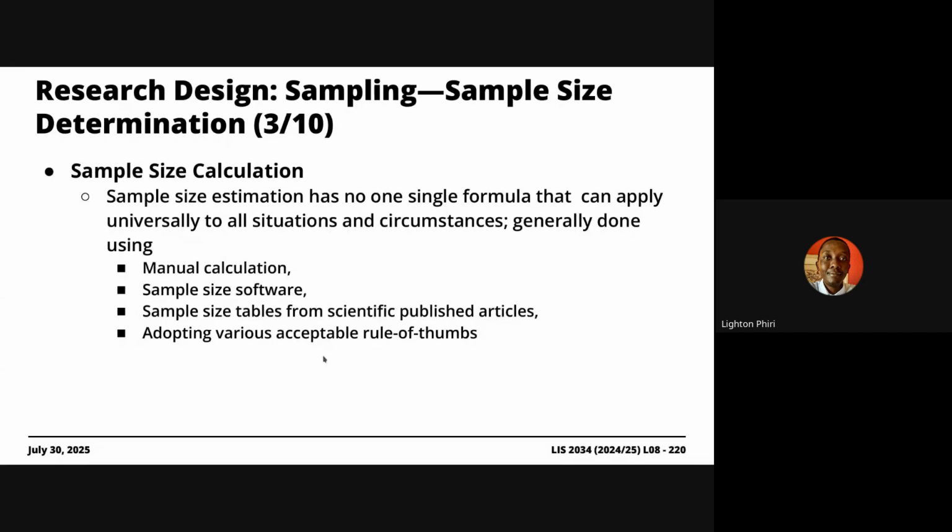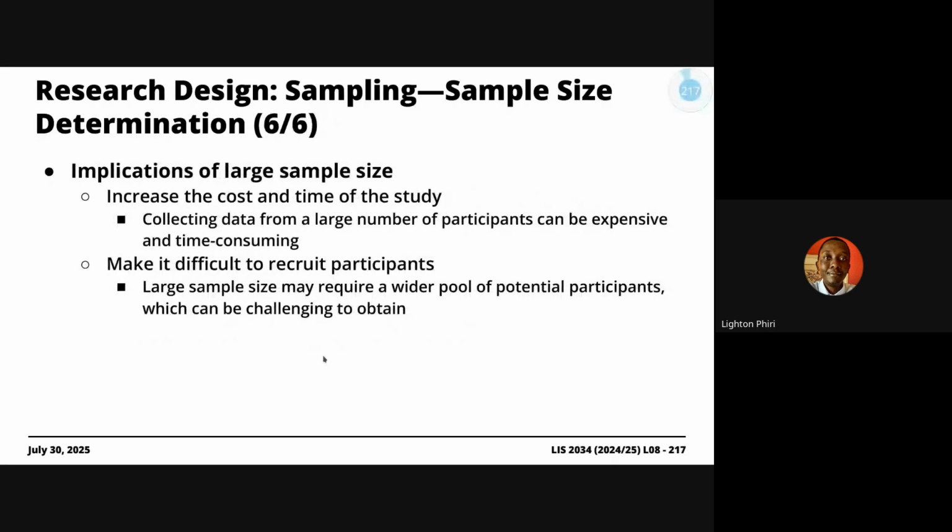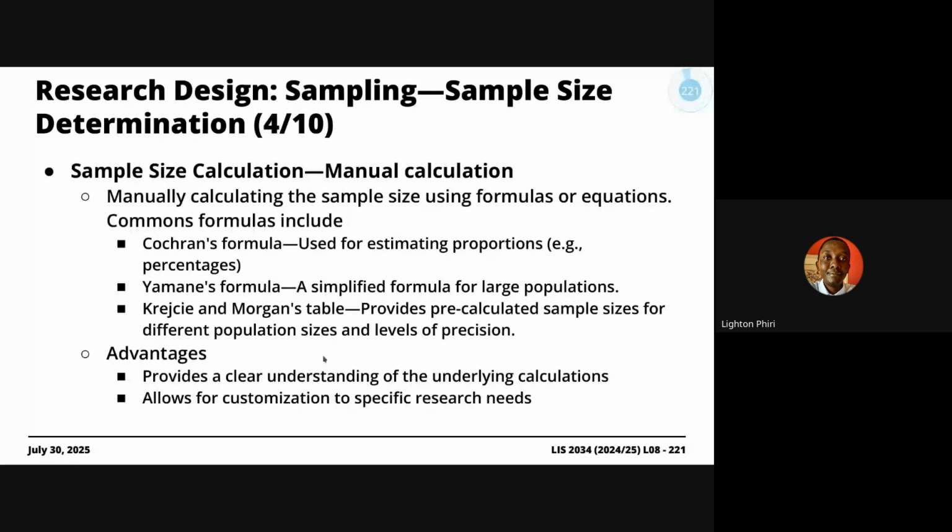Now, this brings us to an important point to do with sample size calculation, where we're mostly referring to quantitative studies. It turns out that you can manually compute the sample size using pre-existing equations. There are a number of equations and formulas, and I have a few listed here.